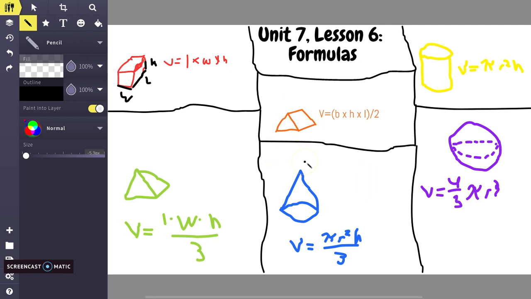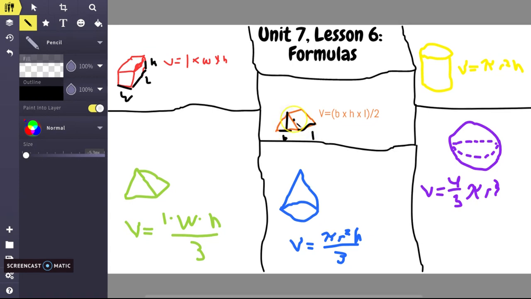So now let's look at the volume of this orange figure, which is a triangular prism. It is base times height times length divided by 2. So what's the base? This would be the length, and then the height would just be this. And you divide that by 2. Why?